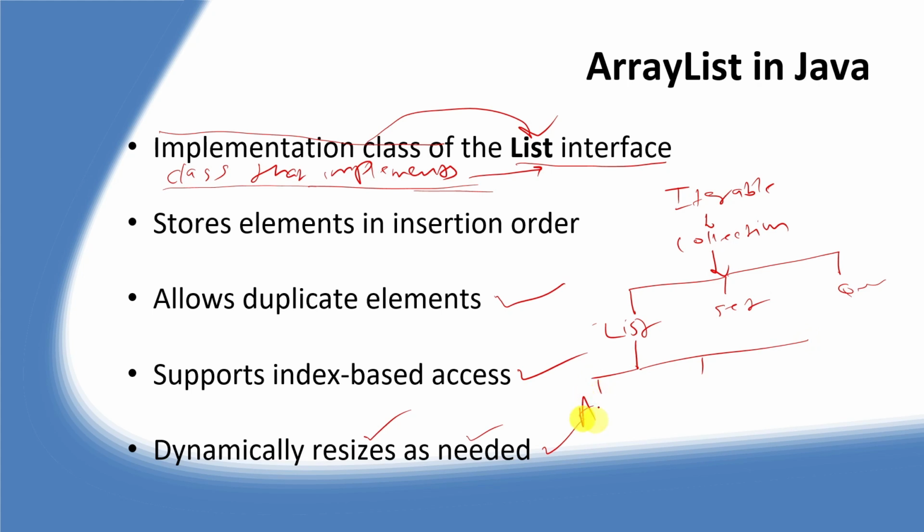What are those? ArrayList, which we are studying, and LinkedList is another implementation class, and Vector. So currently we are studying ArrayList, that is an implementation class of the list interface. That is the first point.